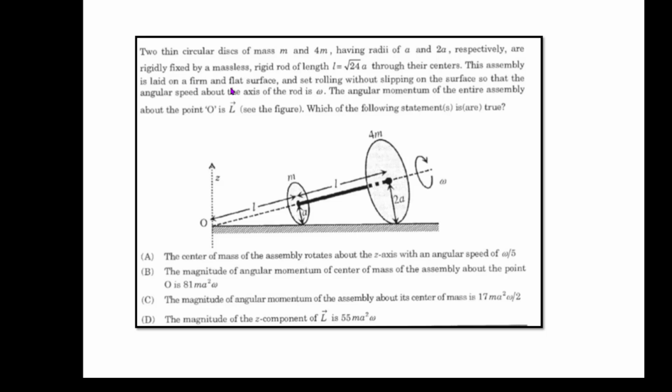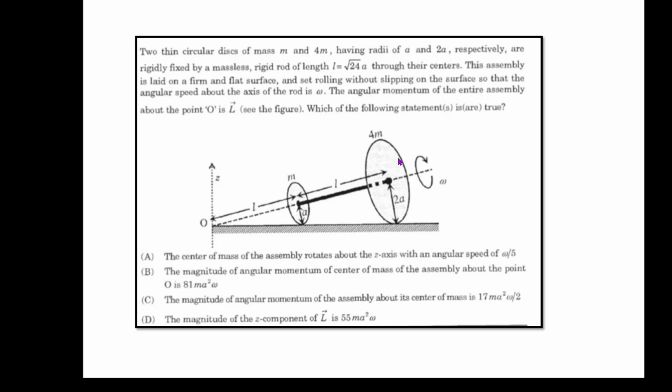This assembly is laid on a firm and flat surface. So this is the flat surface, and it is set rolling without slipping on the surface so that the angular speed of the axis of the rod is omega. So this particular axis is the axis along which these two discs are set rotating.